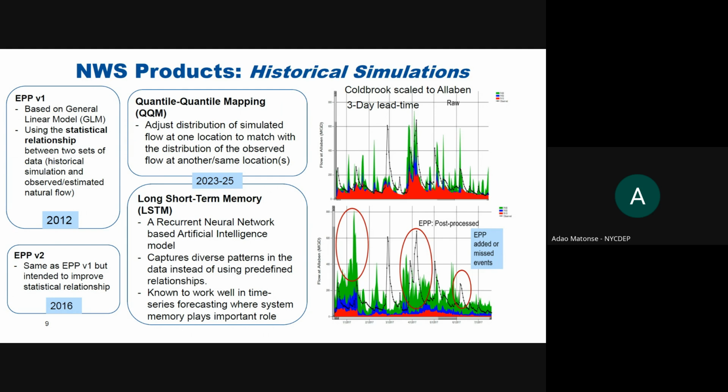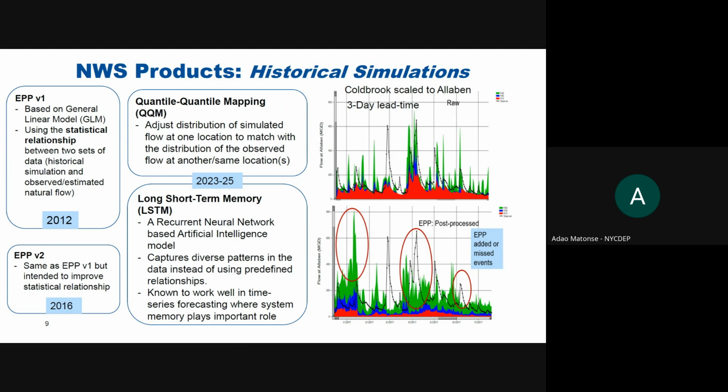Sooner, when we started using APP-V2, we started comparing the performance of APP-V1 post-processed flows retroactively with observations. And we also added the raw forecast to that comparison. The right slides on top show the raw forecast at Colebrook scaled to Alabama, at a 3-day lead time. And the one at the bottom shows the APP-V1 post-processed.